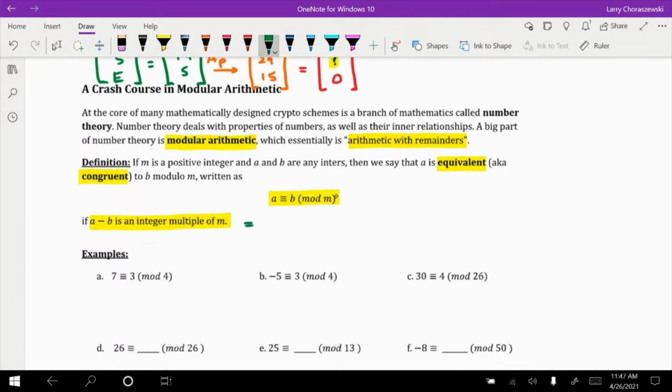In plain English, that means a minus b is divisible by m.